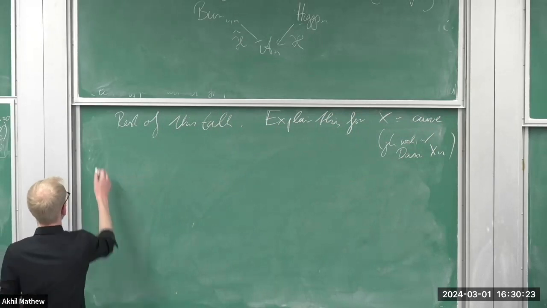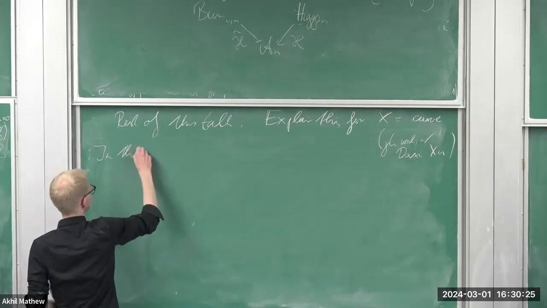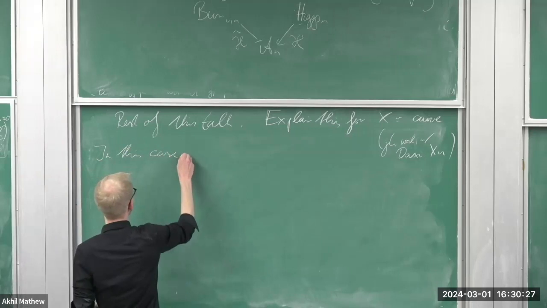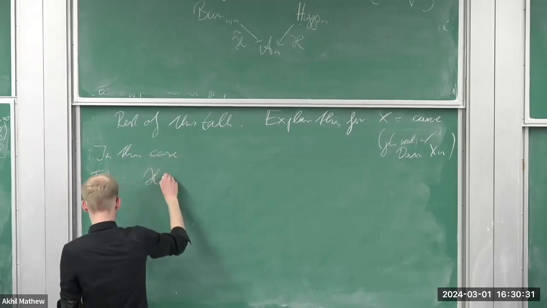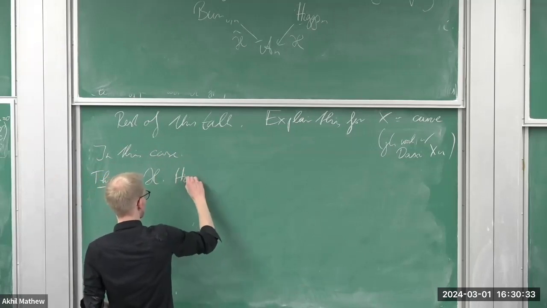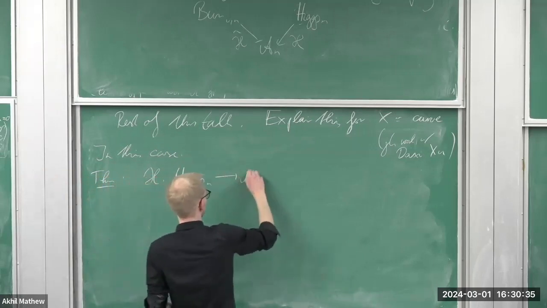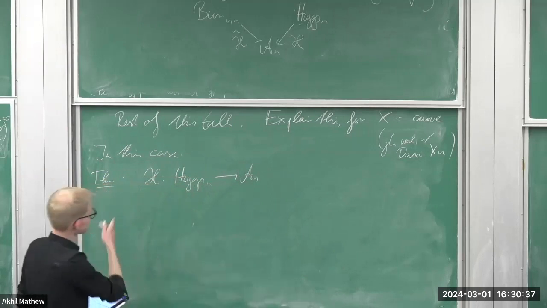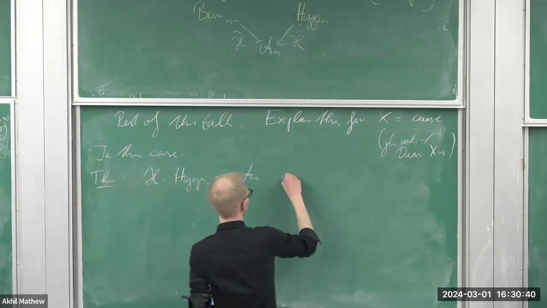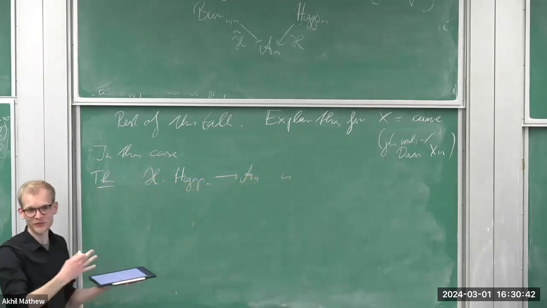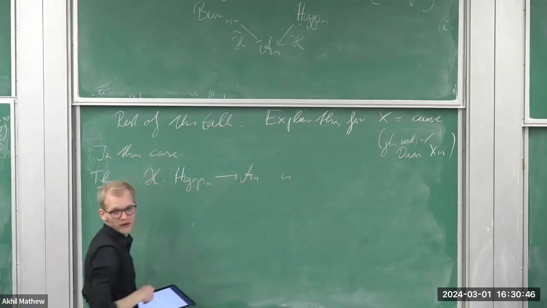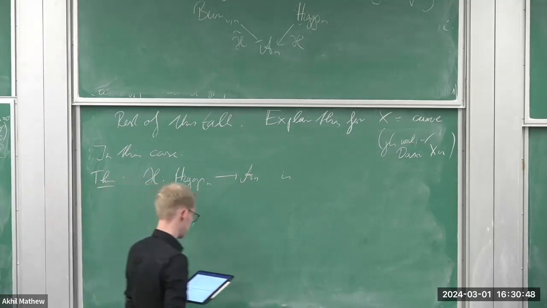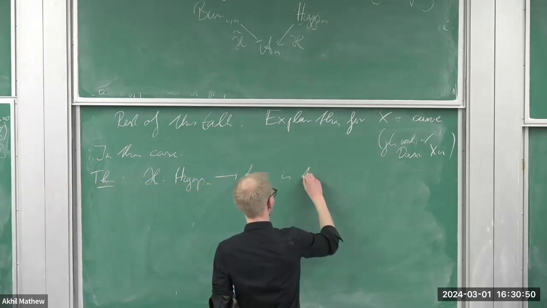Okay, so first of all, in this case, we can put something which would be true generally, which is immediately clear, namely that this morphism here is obtained from the algebraic morphism, from the algebraic stack of Higgs bundles to the algebraic Hitchin base, in the only possible way.